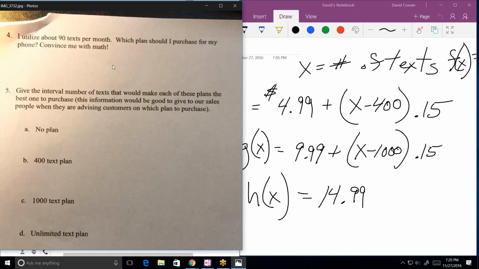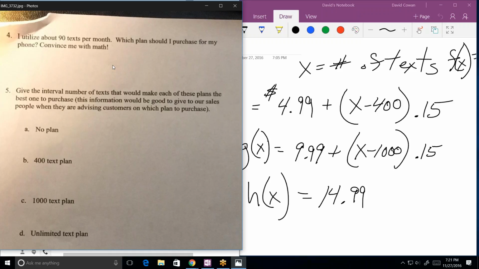We proved that if she had 1,200 texts per month, she was much better off with the unlimited plan. But with 90 texts per month, which two do you have to compare? You only have to compare 2. You really don't have to compare all 4. Just the no plan and the unlimited. Well, probably the no plan and the 400 text plan.